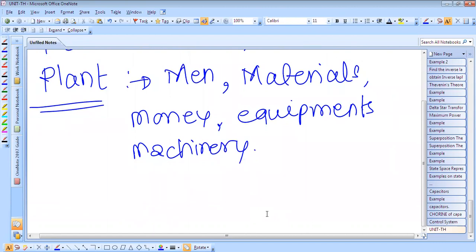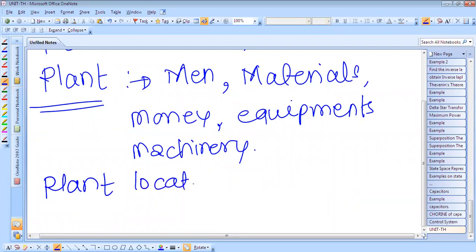We have to manufacture something. So the problem of plant location arises when starting a new concern or during the expansion of the existing plant. So plant location means, suppose we have to start a plant or expand the existing plant, then we have to consider the plant location.